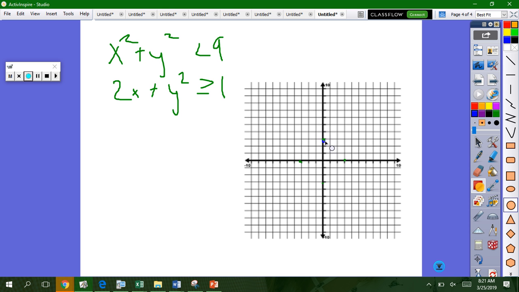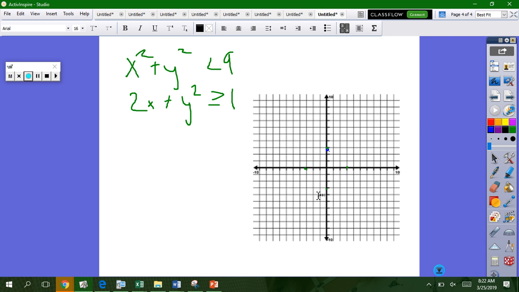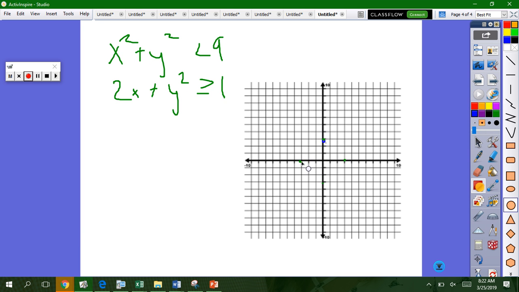Negative 3, 3? Hold on. I'm going to expand him. Negative 3, 3. Right there.